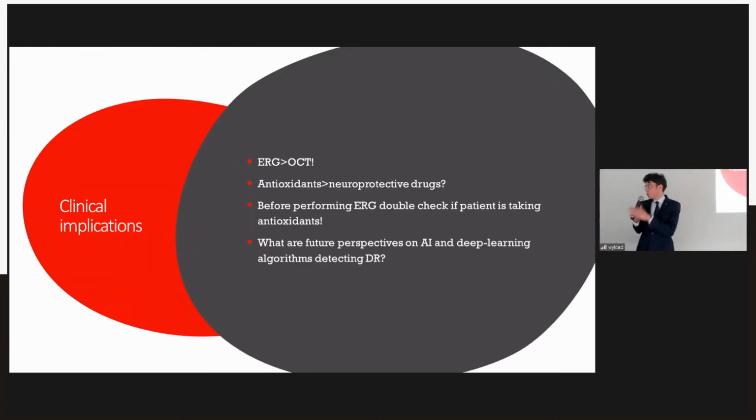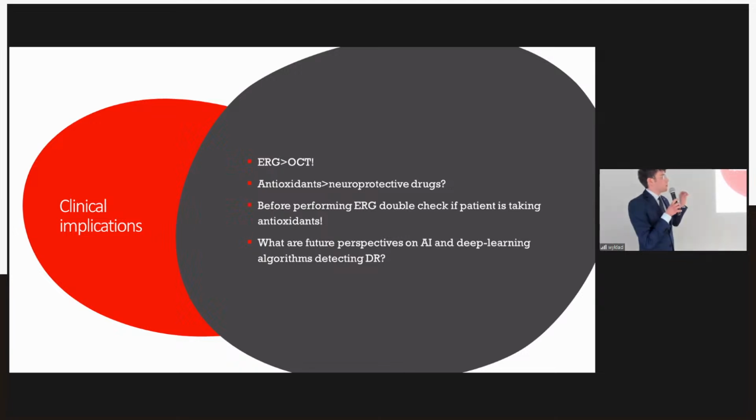And just a few words about clinical implications, which are very, very important, because we give you evidence that diabetic retinopathy starts as functional alterations in retina. So we shouldn't use fundus imaging. We should use electroretinography or optical coherence tomography, and we would prefer electroretinography as the functional changes are the first.